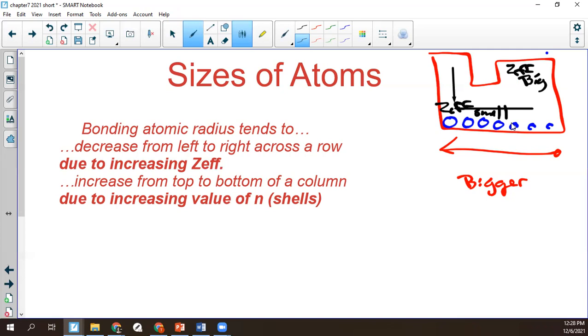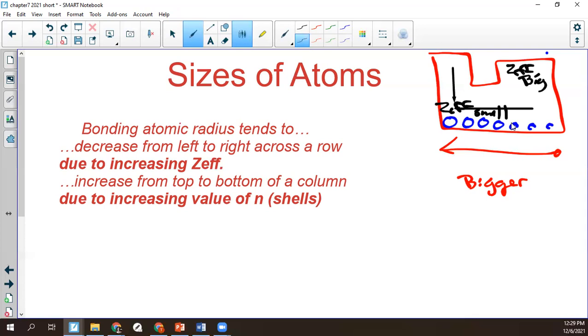Tell your partner right now, finish this with me. Non-metals have high, tell your partner, Zeff and small atomic radii. I would put that in your notes. You just drew it, but I'd put it as a sentence.